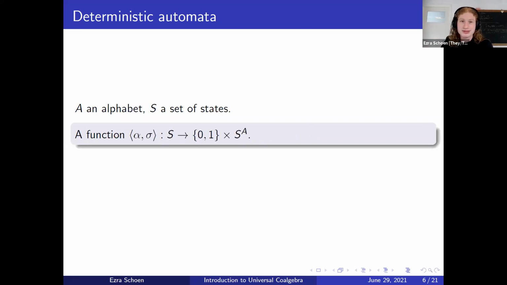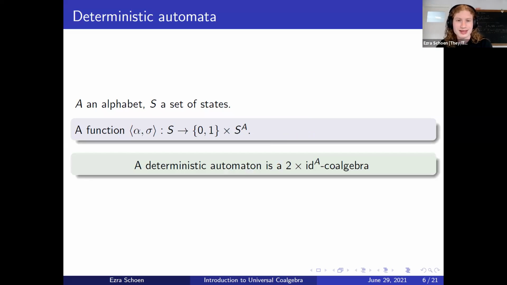And again, we can put these together and get a function from the set of states to this composite object of states. And so a deterministic automaton is nothing more than a coalgebra for this functor.